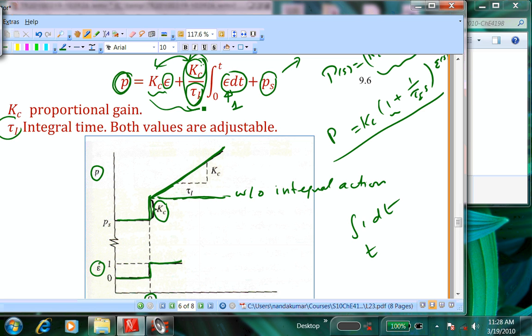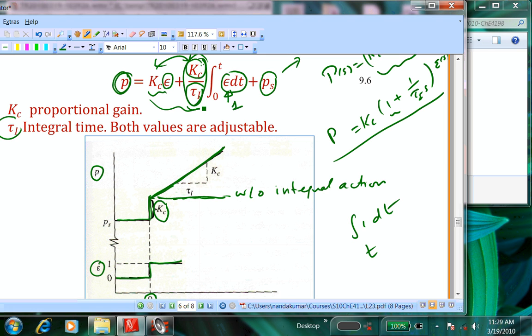But it is the integral action that's going to take care of getting rid of the offset. The proportional action, what does that do? It determines the main time constant. How fast is the system going to go back to its steady state? The Kc basically controls the time constant. So it makes the response quicker or slower.